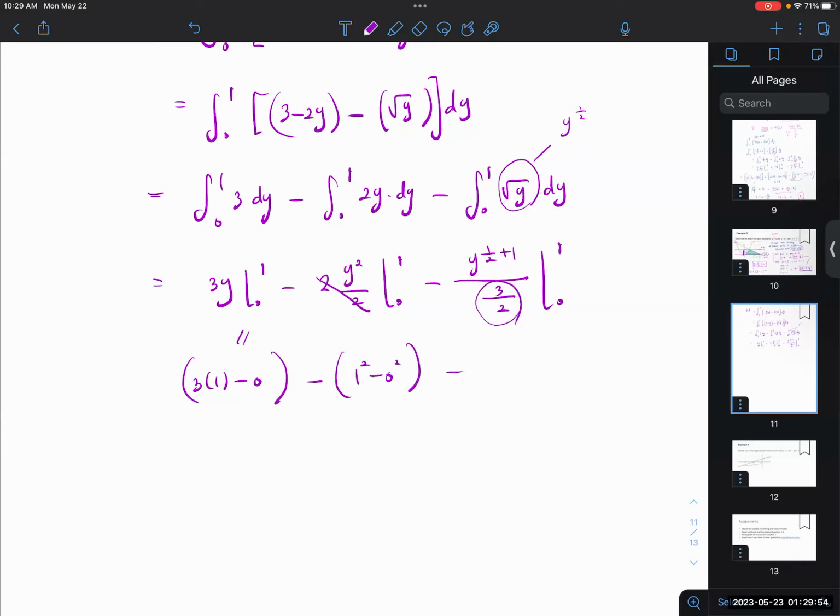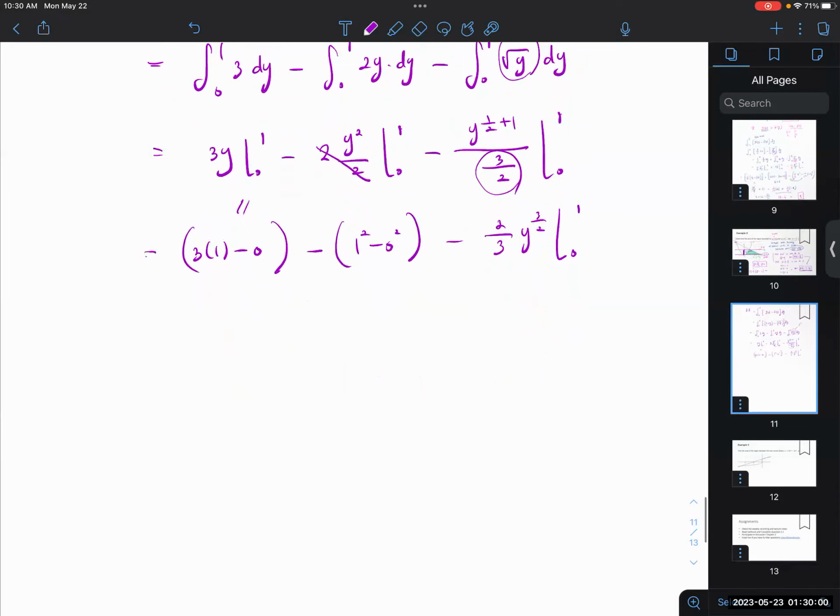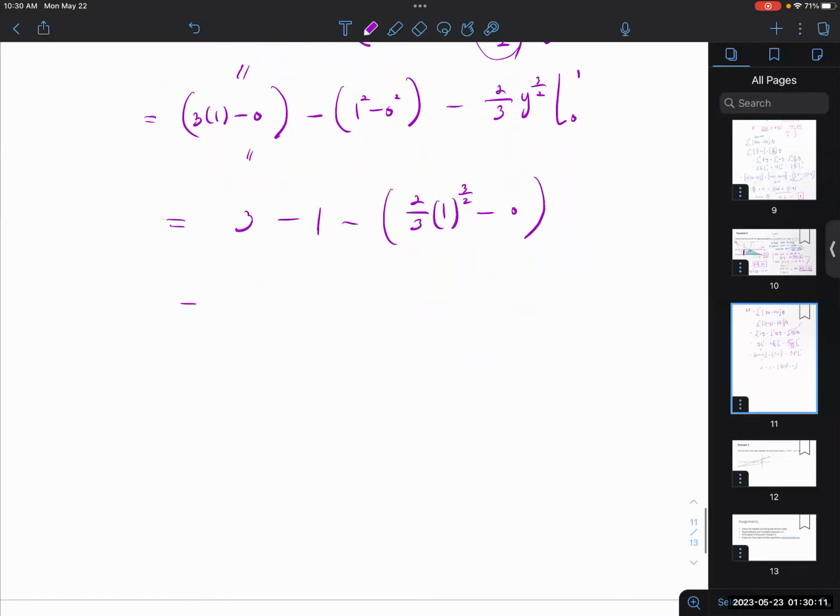And then you flip over 2 over 3 times y to the 3 over 2. So this is 3, this is 1, this is 2 over 3 times 1 to the 3 over 2 minus 0. So the final answer is 3 minus 1 minus 2 over 3, right? Which is 4 over 3.